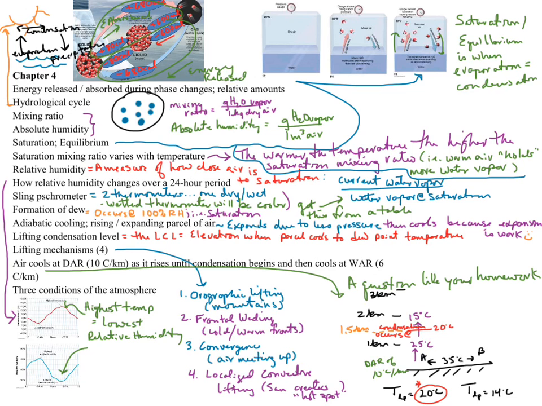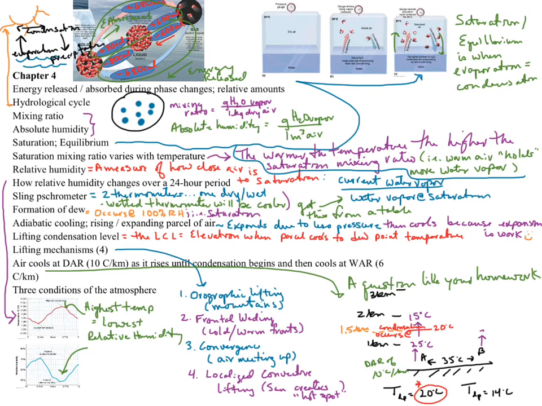But if we revisit the dew point temperature, it's 20 degrees Celsius. So between 1 kilometer and 2 kilometers, at about 1.5 kilometers, it's going to be at 20 degrees Celsius and be at the dew point temperature. So that is the lifting condensation level, 1.2 kilometers. Oh, excuse me, 1.5 kilometers.